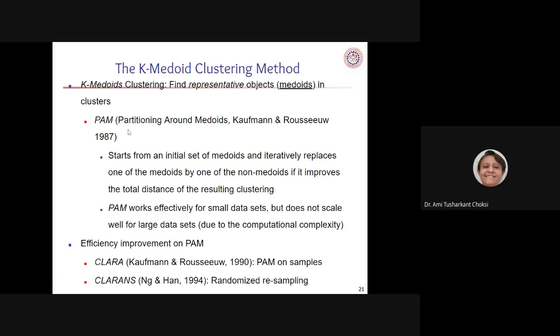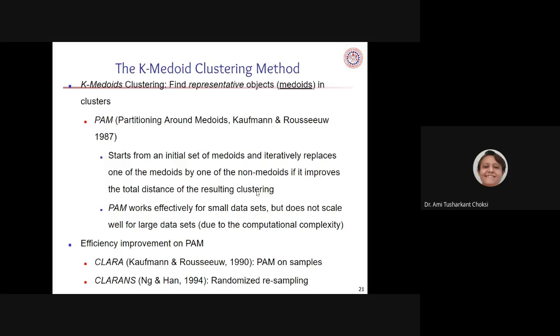K-medoid clustering method. In that, what do we consider? Start from an initial set of medoids and iteratively replace one of the medoids by one of the non-medoids if it improves the total distance of the resulting clustering. Right?